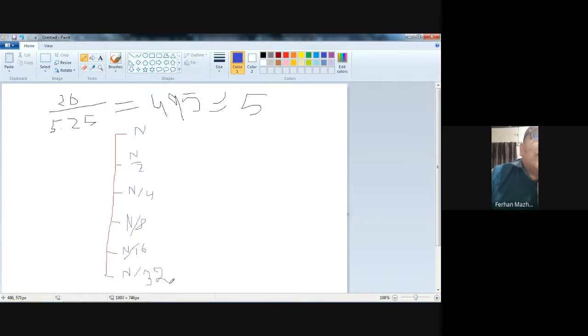This is our technique to do the question. First of all, we found how many half-lives there are in 26 years. One half-life is 5.25 years, so I divided 26 by 5.25. The answer is 4.95 half-lives, so approximately 5 half-lives. Then we made our grid, and said that in the start we have N atoms of that isotope.